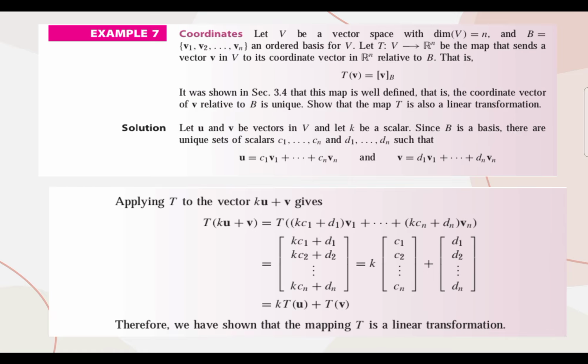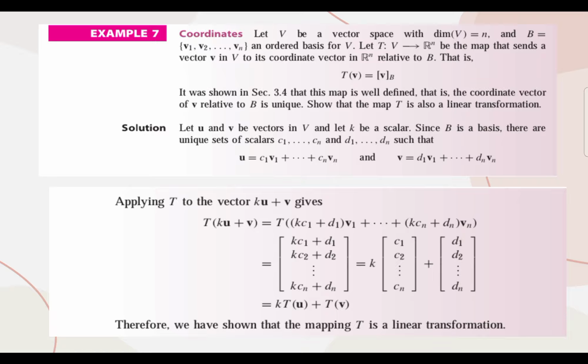Next, example number 7. Coordinates: let V be a vector space with dim(V) = n and B = {v_1, v_2, ..., v_n} an ordered basis for V. Let T from V to R^n be the map that sends a vector v in V to its coordinate vector in R^n relative to B, that is T(v) = [v]_B.